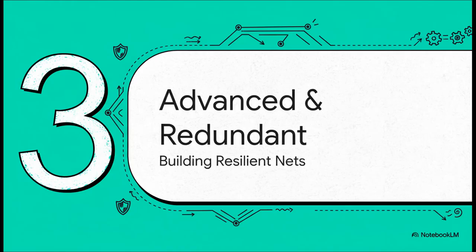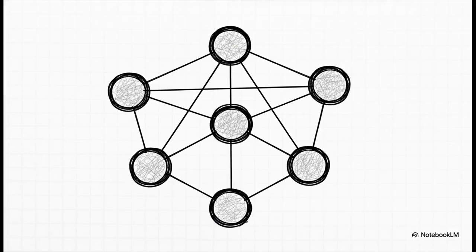So as you can probably tell, all those simpler layouts had some pretty obvious weak spots. That, of course, led engineers to get creative and develop more complex, more resilient designs with one big goal in mind: build networks that just don't fail. And that brings us to the king of reliability, the ultimate in network resilience, the mesh topology. The whole philosophy here is simple.